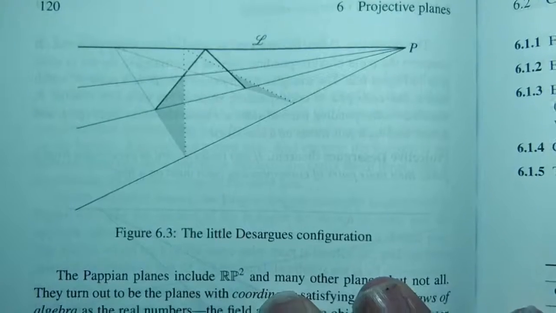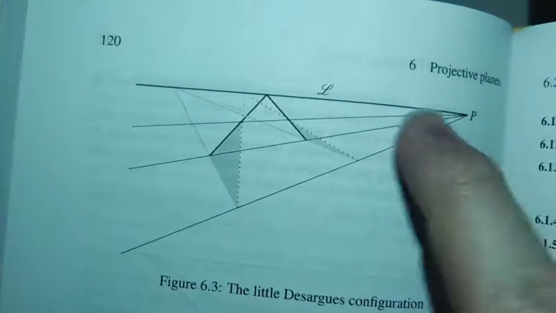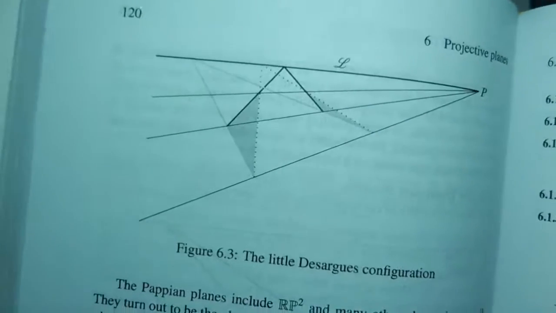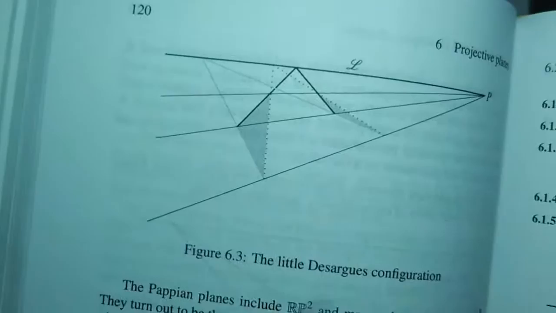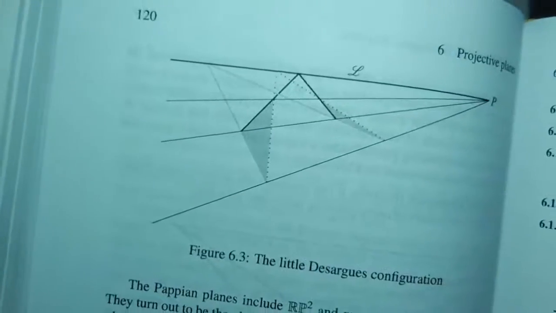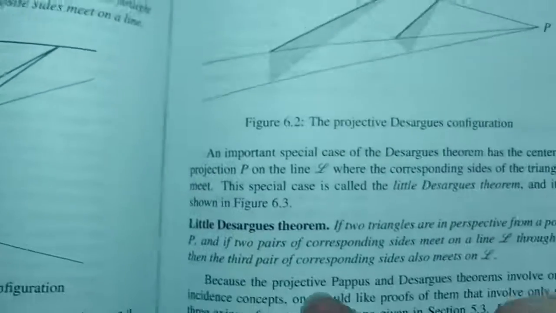Our point P here, that these triangles are in perspective from, also lies on our line L, which is the line that contains the points of intersection of these corresponding side pairs. So what's the little Desargues theorem say?